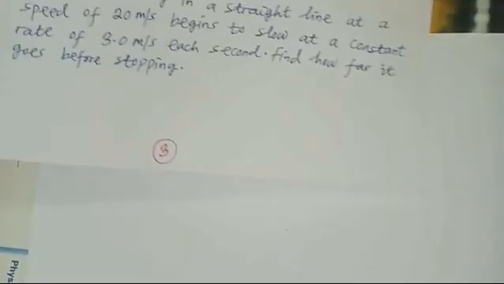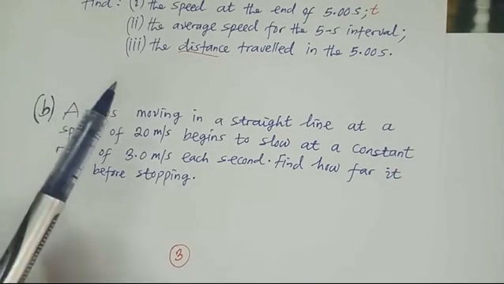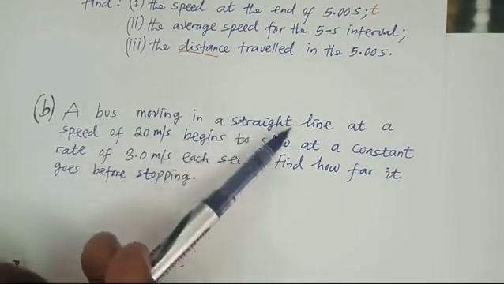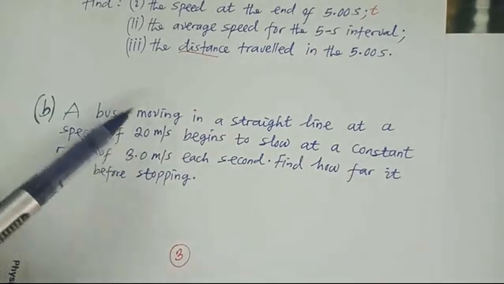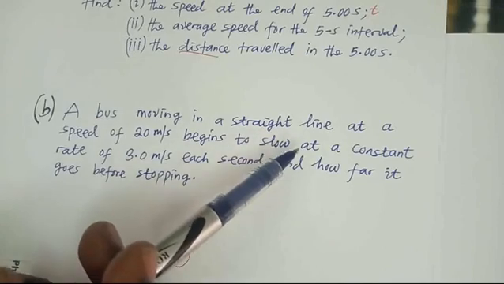Okay, let us bring problem B. Problem B says a bus moving in a straight line at a speed of 20 meters per second begins to slow down.